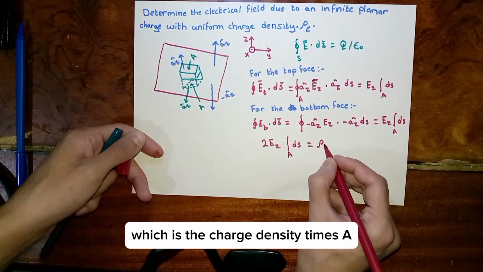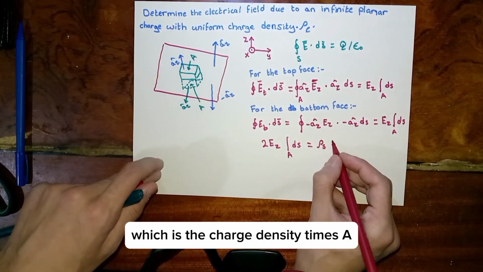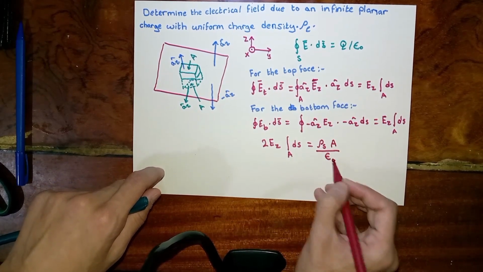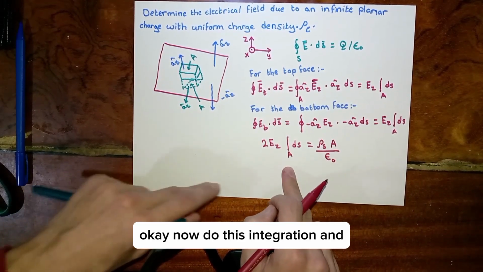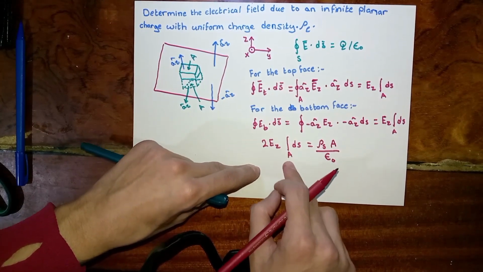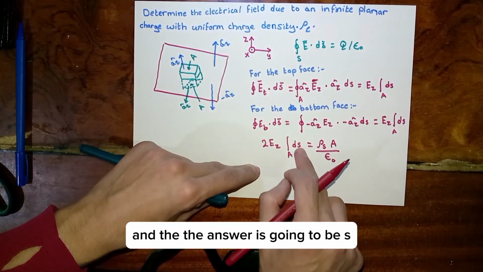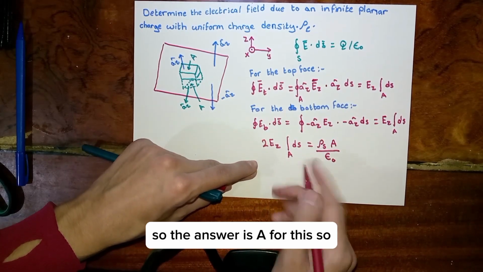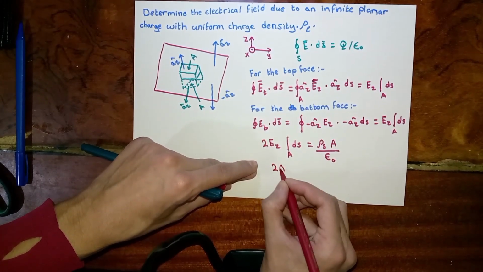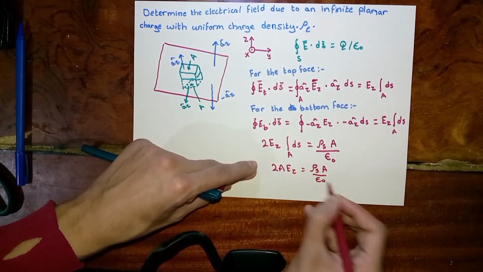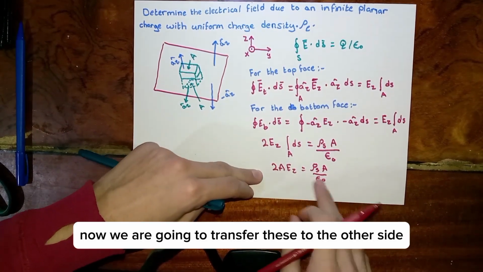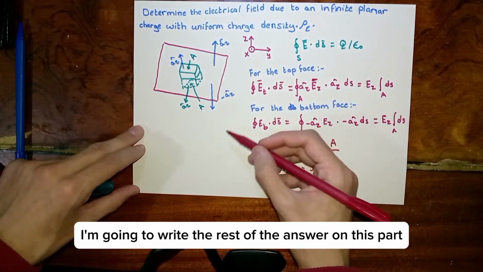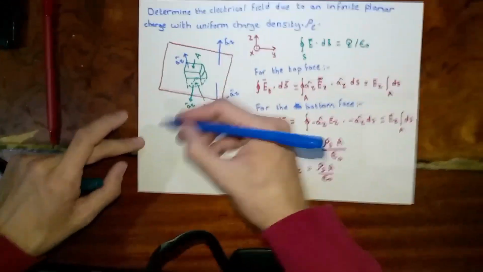It's rho sub s, the charge density, times A, divided by epsilon naught. Now do this integration, and the answer is going to be S, and we are going to substitute A for S. Now we are going to move these to the other side. I'm going to write the rest of the answer on this empty part.